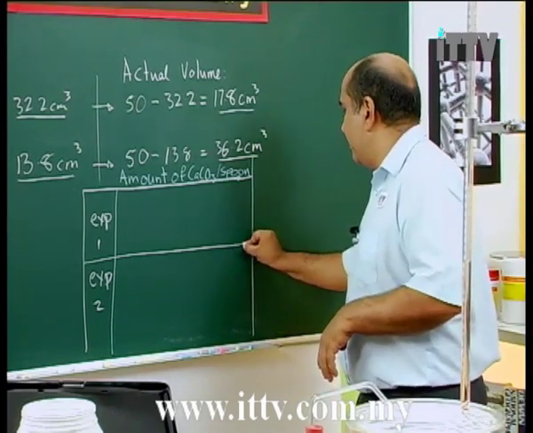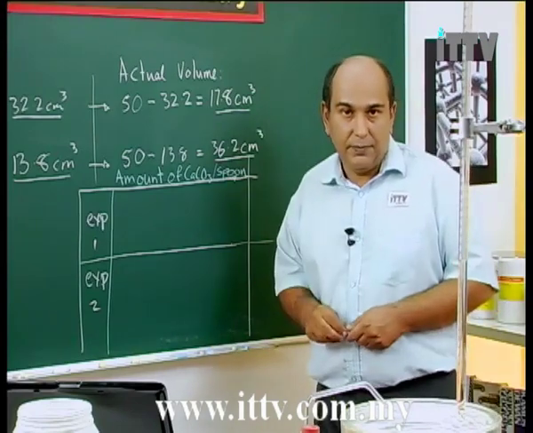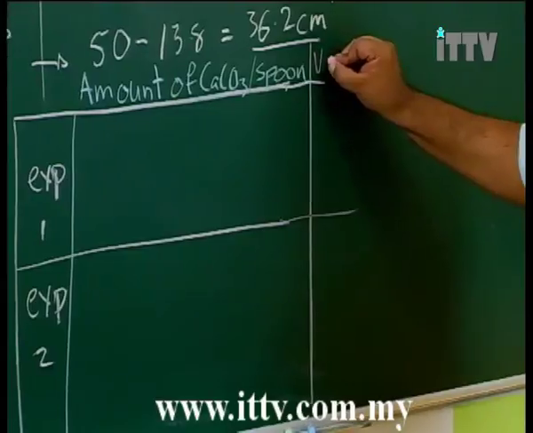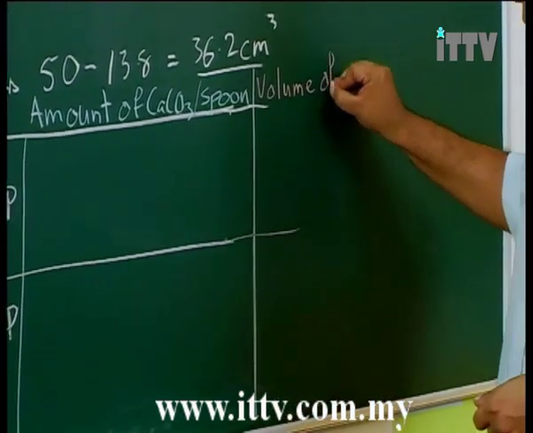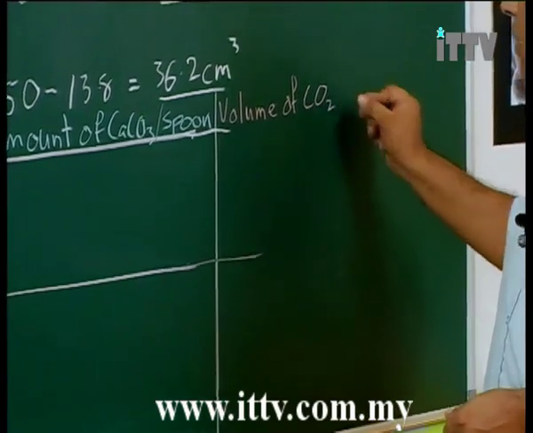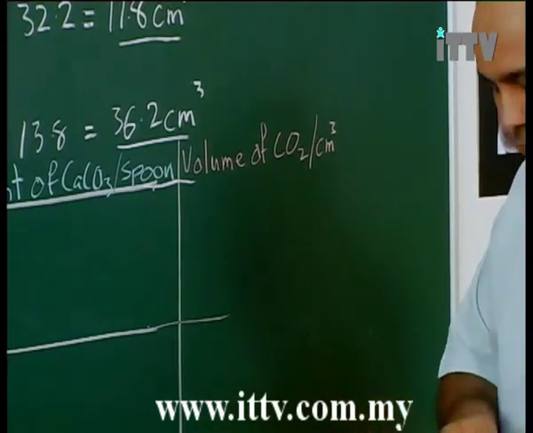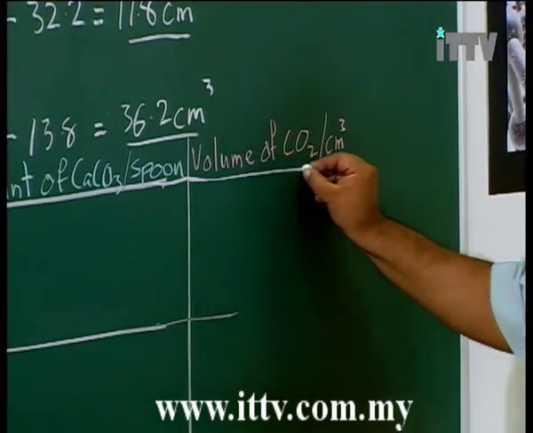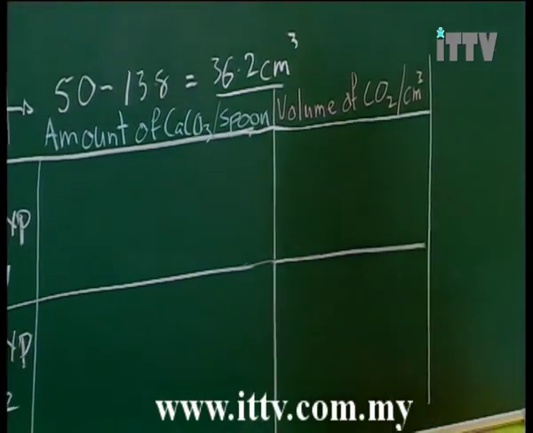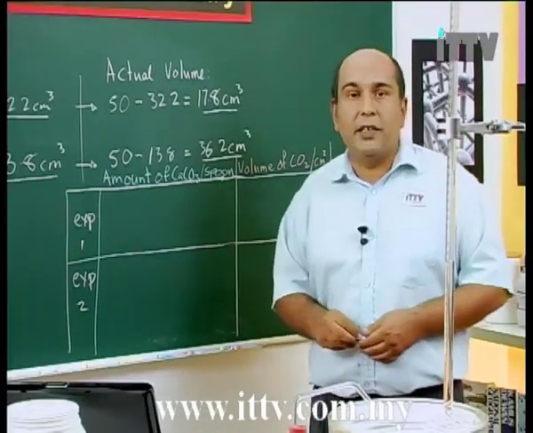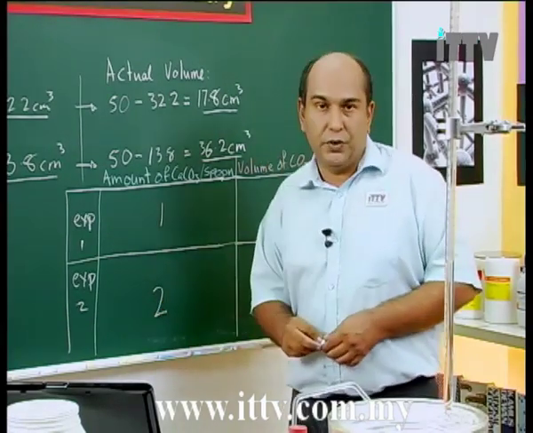Then we have a second column. The second column, this was our responding variable. Here is the volume. Volume of CO2. Here we used centimeter cube. So let's finish off this table like so. The amount of calcium carbonate that we used was 1 spoonful, 2 spoonfuls.